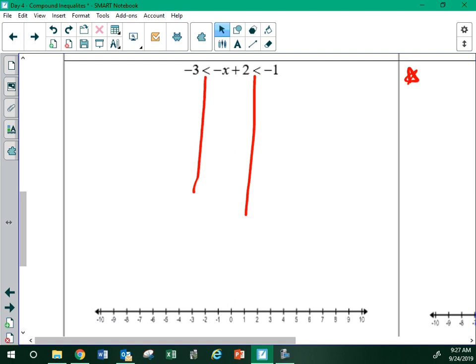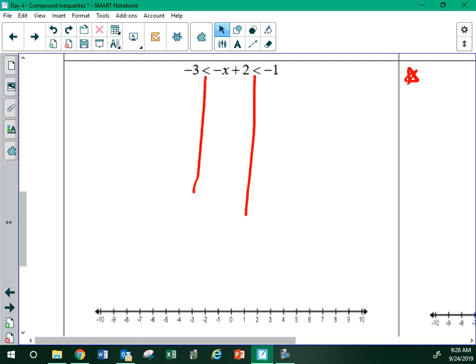It's correct. So the 5 cancels. All we have left is x. So all we have left is x over 2. So now, go ahead and draw our sign. Remember what to do.